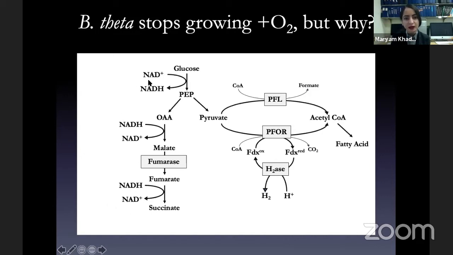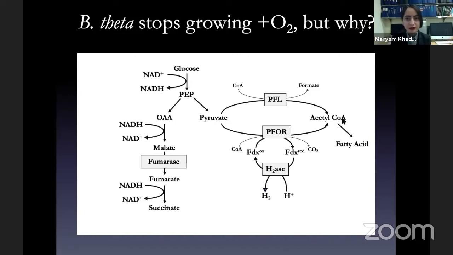NAD is used up in glycolysis in the first step, so the left branch here is needed to basically keep a cycle of NAD and NADH going. Here I need to put 2 NAD and 2 NADH. So there is a balance because we need two NADs, and one is produced here and one is produced here.